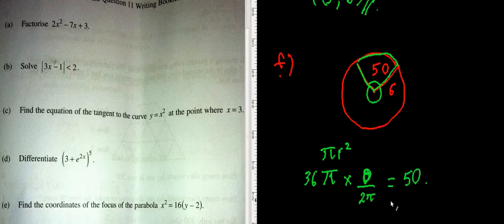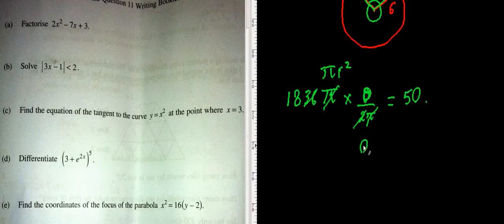Now I have an equation I can solve to find the angle theta. Crossing out the 2 pi, and dividing 36 by 2, I get 18. So 18 theta equals 50, so theta is 50 on 18, or rather 25 on 9.